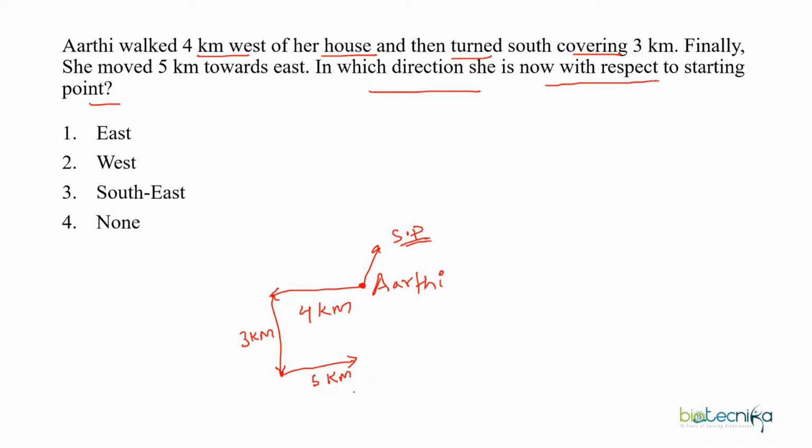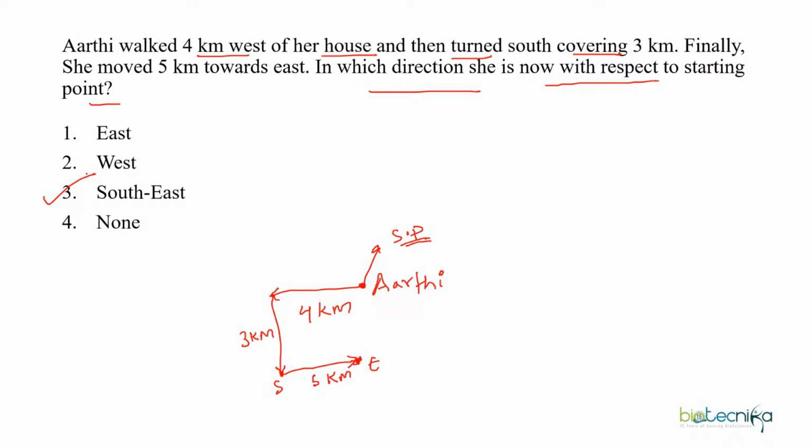So this is the starting point and currently Aarti is right over here. So what is the direction? This direction is south and east, right? So option number 3 will be the correct answer. That means southeast is the correct answer. Very easy, right? It was easy to understand.